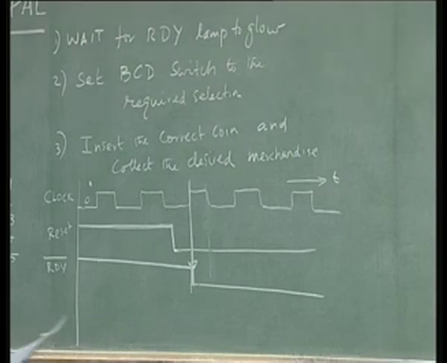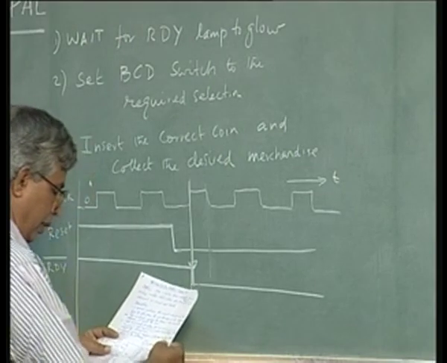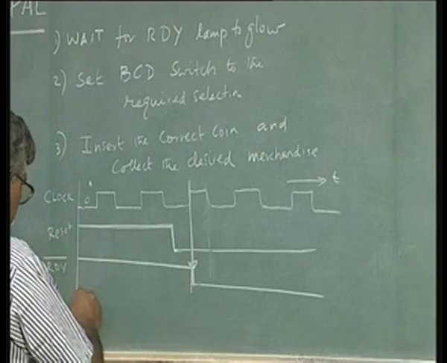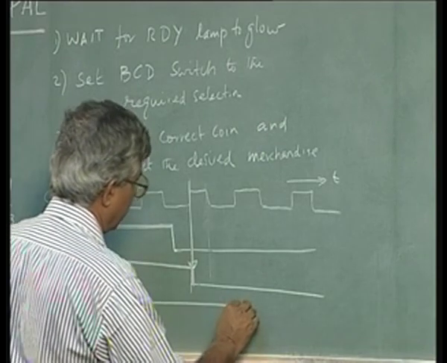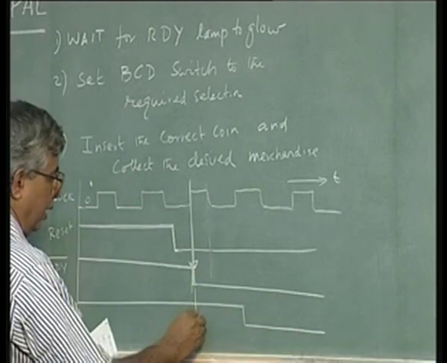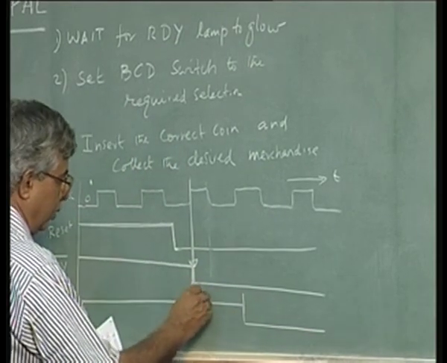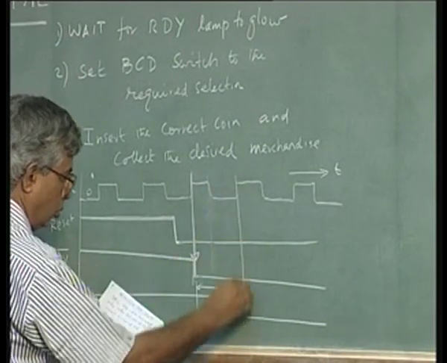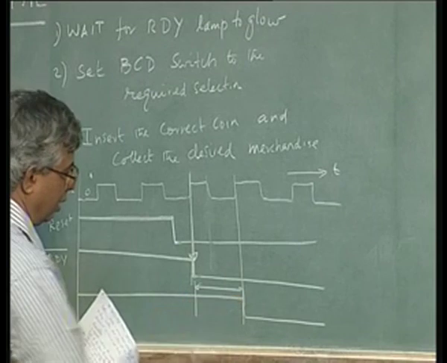I am not going to show those delays. After some time, the selected output will go. Let us say this is the delay required after the ready for the processing, and again this has to be synchronous. I am just saying it is 1 clock cycle, it does not matter.